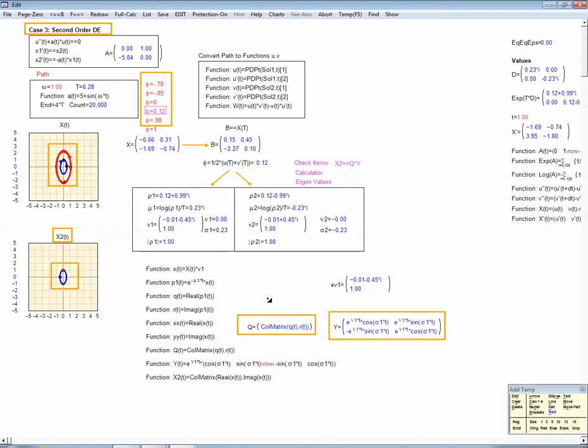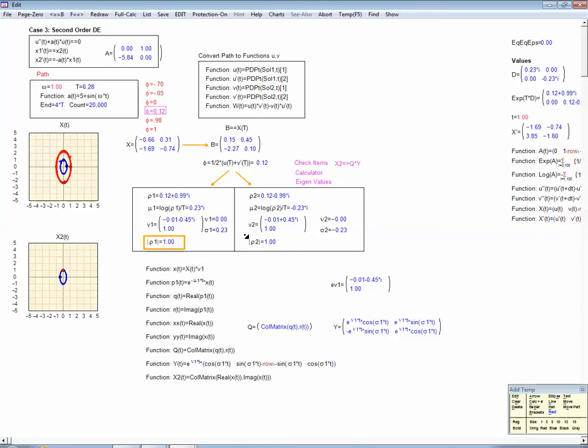Here's the significant fact. The modulus of each of these eigenvalues is 1. Is that an accident? No, that has to be, and that follows from the fact that this phi is someplace between plus and minus 1.